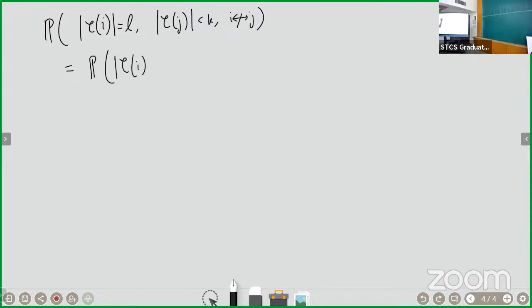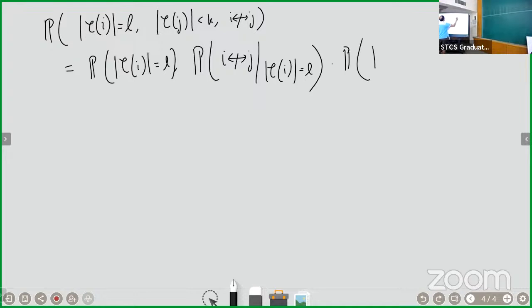So, let's write C of I equal to L. This term will be the wrong one.